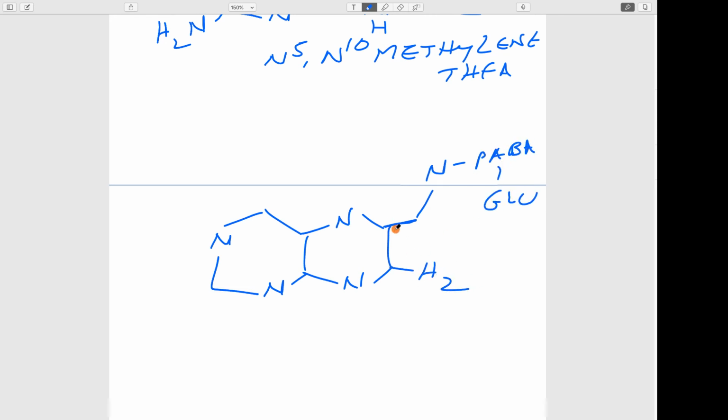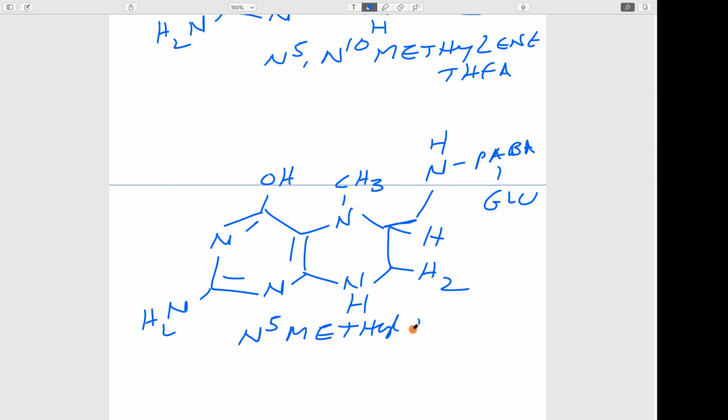The irreversible reaction is where the methyl group is formed, giving N5 methyl THFA. So here it is an irreversible reaction.